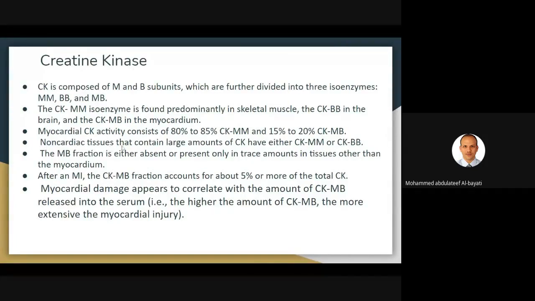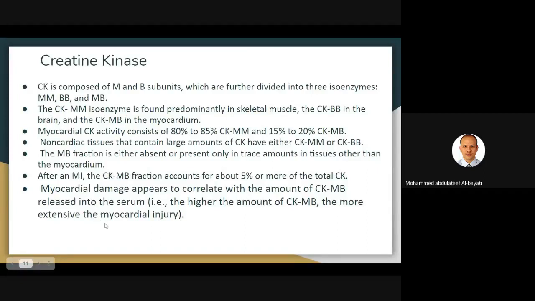Non-cardiac tissues that contain large amounts of CK have either CKMM or CKBB. So the MB isoenzyme is either absent or present only in trace amounts in tissue other than the myocardium. So it is considered very specific to the heart, and it is used for evaluation of heart integrity.